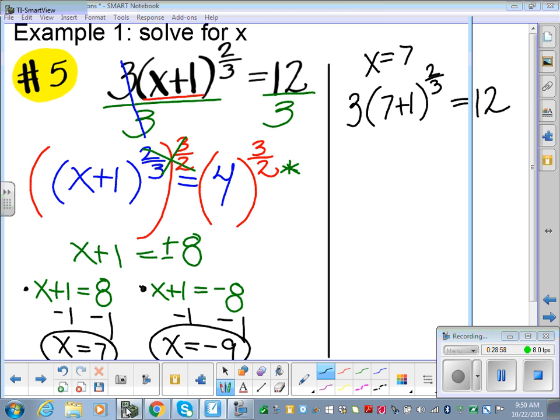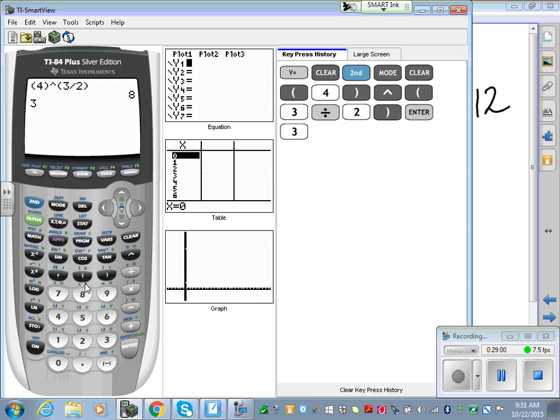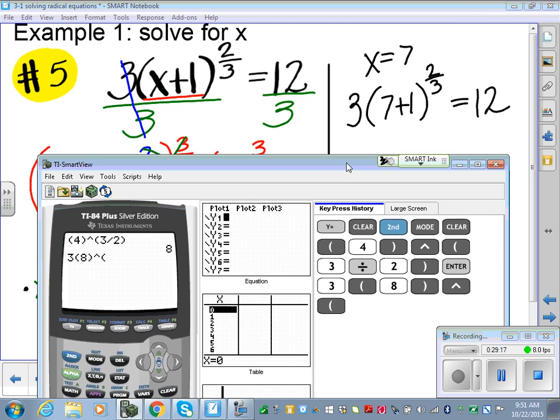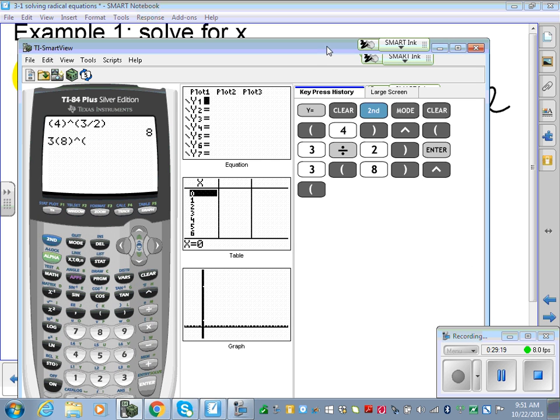So 3 times, in parentheses, 8 raised to the, I need to put it in parentheses. It was 2/3, right? In the beginning? 2 divided by 3.